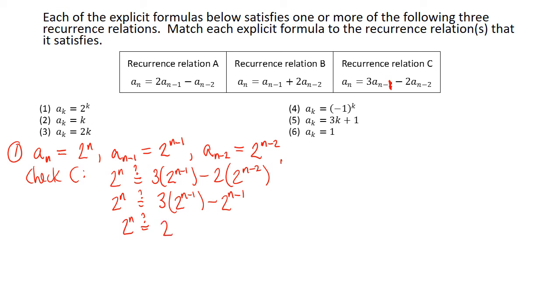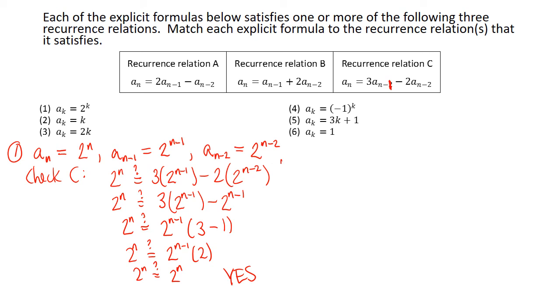I've got 2 to the n minus 1, 3 copies of it minus 1 copy of it. That can be simplified like this. There I can add the exponents of the 2's together again, and I actually get that this is equal. So n minus 1 plus 1 is n. So this is a yes. This one satisfied both B and C. That's kind of interesting, that the same explicit formula can satisfy more than one different recurrence relation.